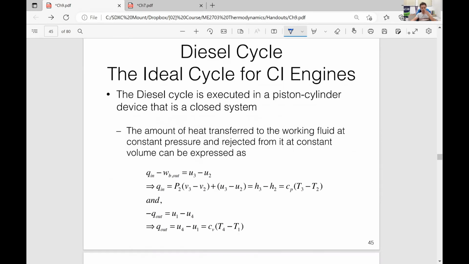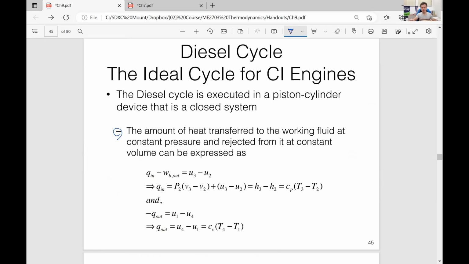So we need to find out what is Q in, what is Q out, then what is the thermal efficiency, and how can we express thermal efficiency in terms of some kind of ratios. Okay, so let's try to do this. Look at this.